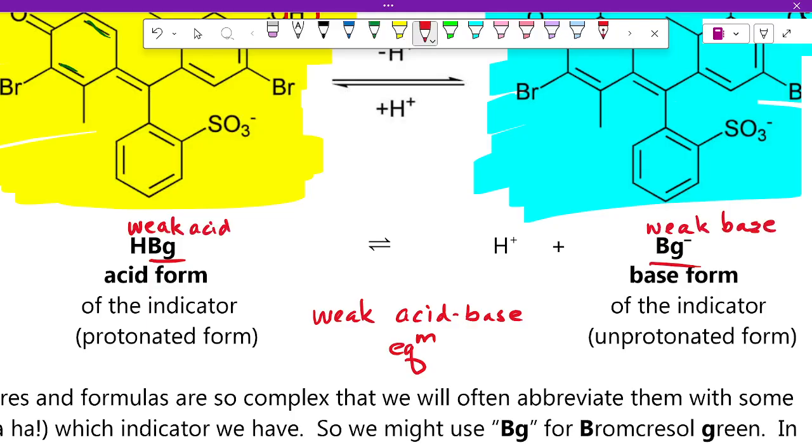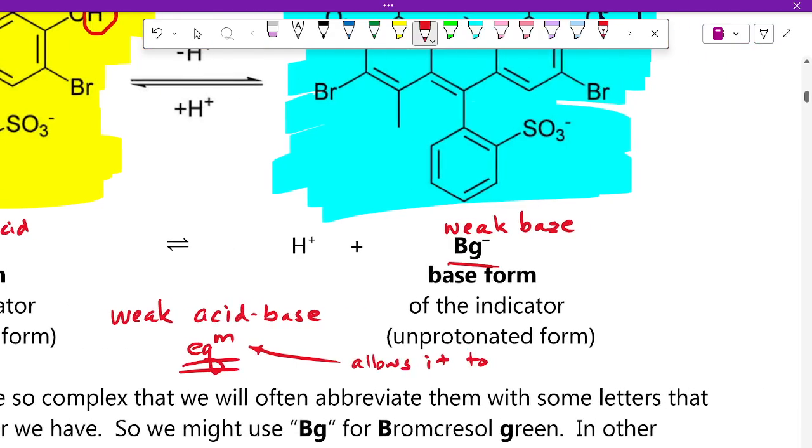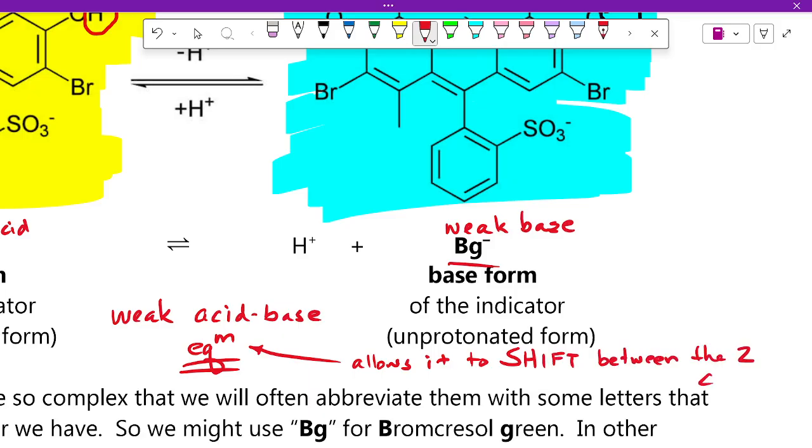You cannot have an indicator that's made with a strong one because you need to have that equilibrium for it to be able to shift between the two colors.